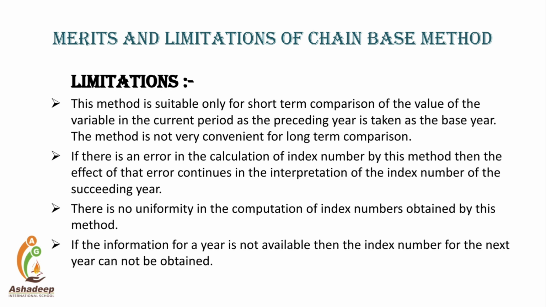If the information for a year is not available, then the index number for the next year cannot be obtained. For example, if we are finding the index number starting from 2010 to 2020, we start by finding the index number for 2010, but if we do not have the value of 2015, in that case we cannot find the index number for the year 2016, 2017, or 2018.